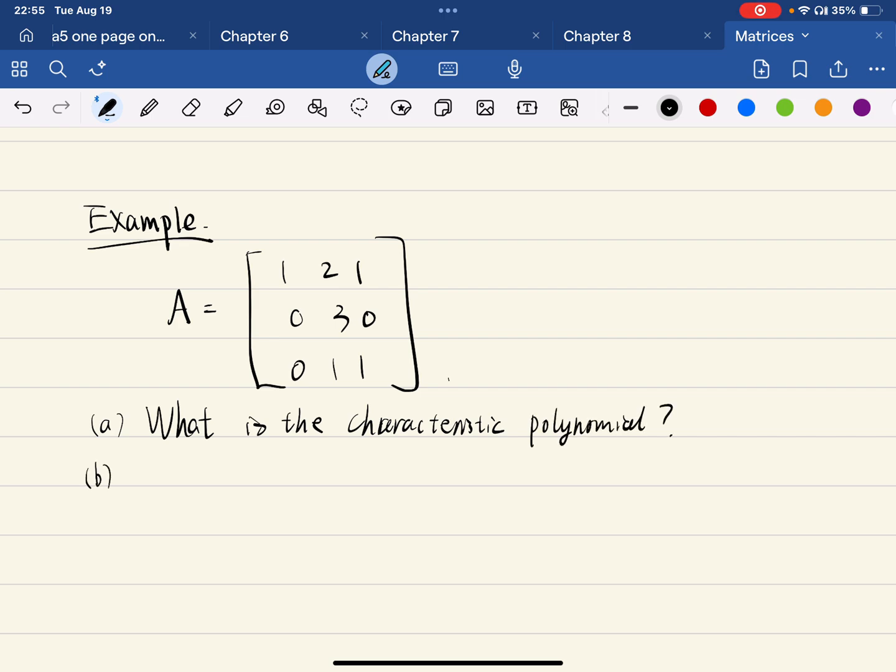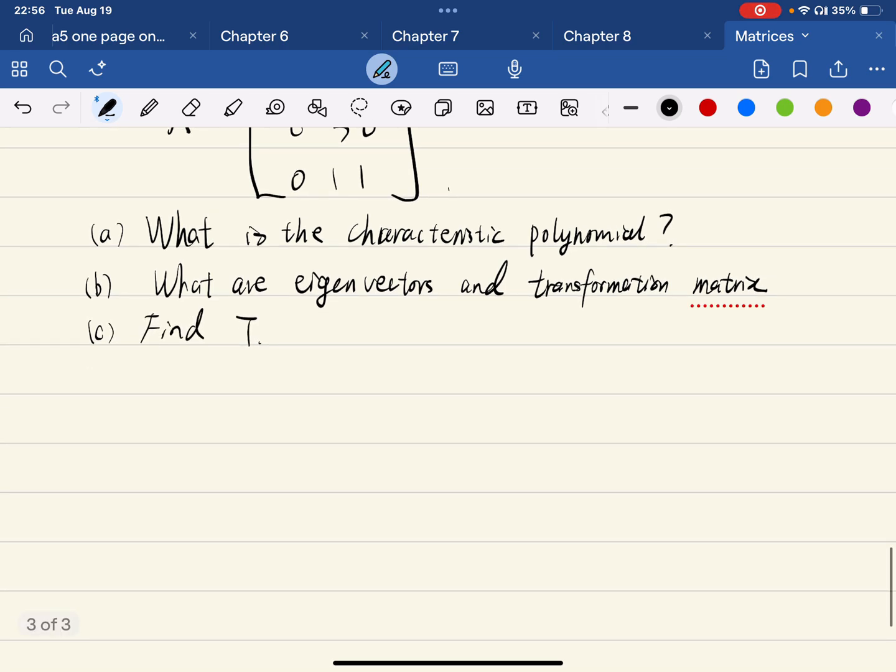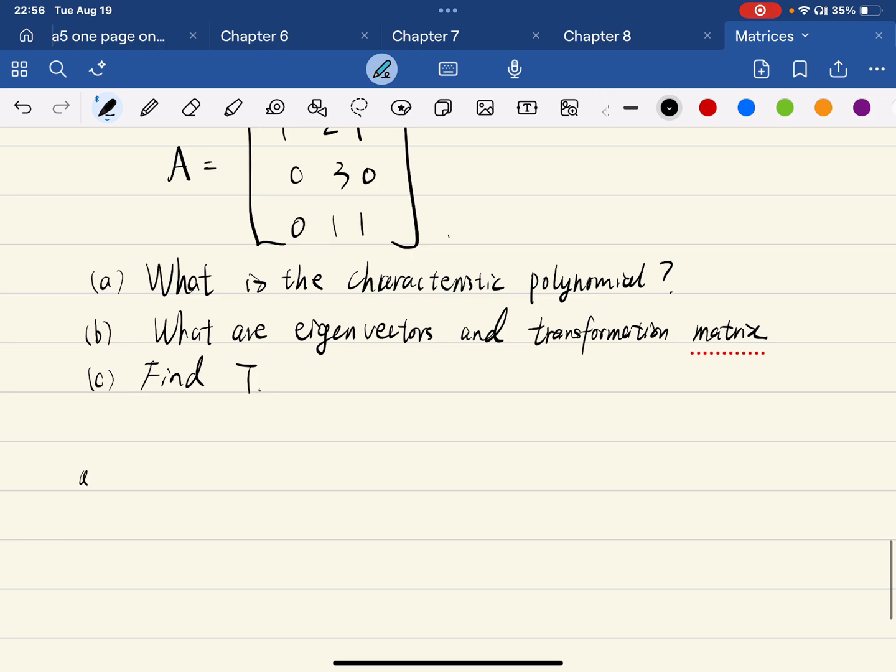Question B. What are the eigenvectors and transformation matrix? Question C. Find T.